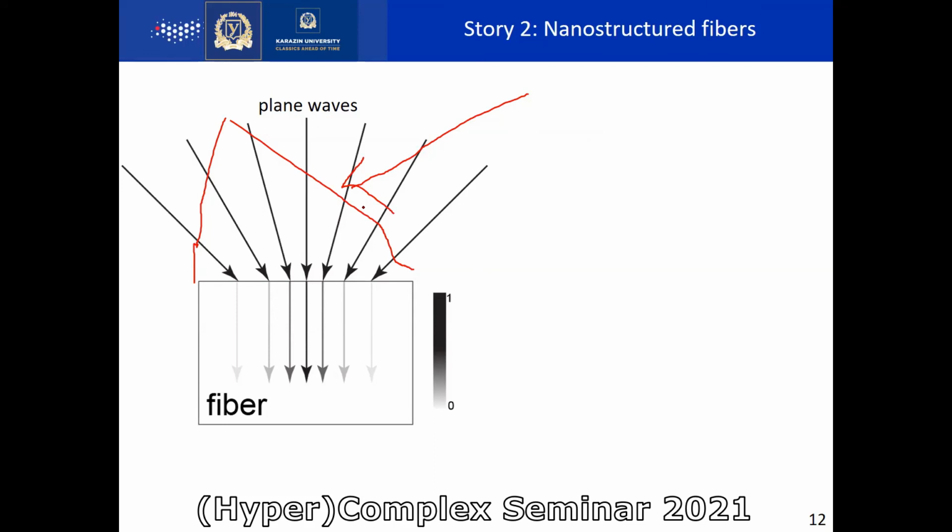So for such applications as sensing, endoscopy, etc., you should be able to collect light of arbitrary polarization coming from arbitrary azimuthal angles, so from these directions, and from arbitrary angles of incidence, something like this. And this problem was not solved.